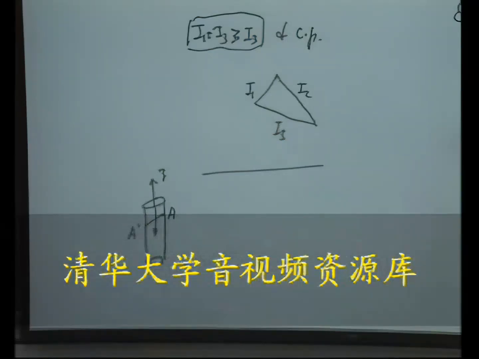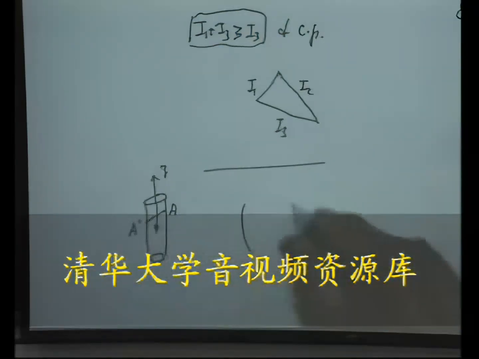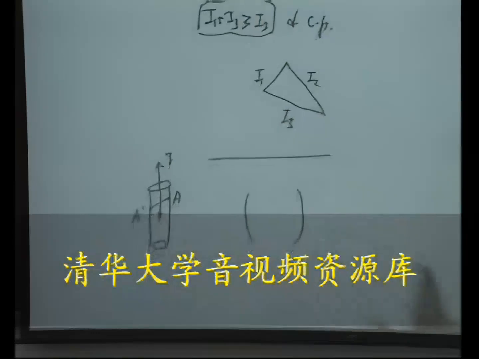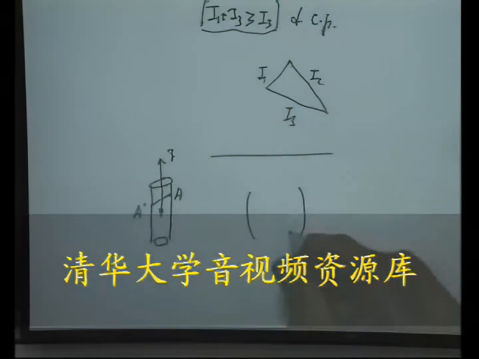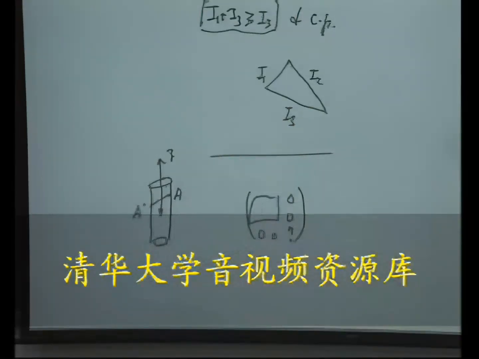So if you put that into the J equation, you will see that the Z component, the contribution of A and A prime is such that here's something, these two. Does everybody agree with this statement?